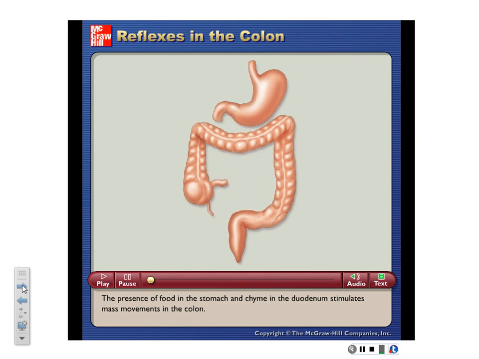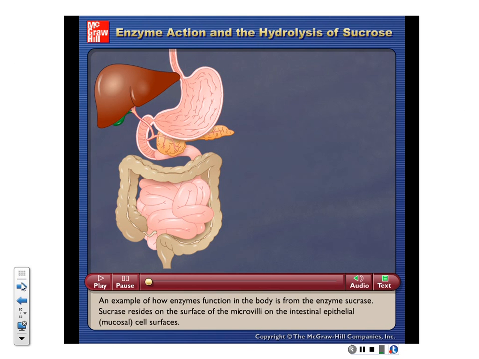Okay, so you can play this just to learn, and another one again showing the digestive function from the stomach going through. So if you wanted to get a quick summary of how the enzymes are secreted and what happens when that part distends, and what hormones are involved, you can listen to that.